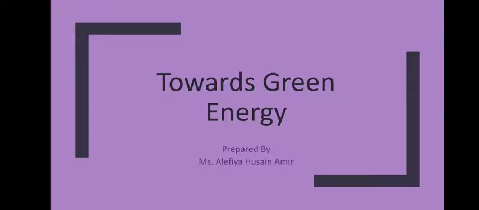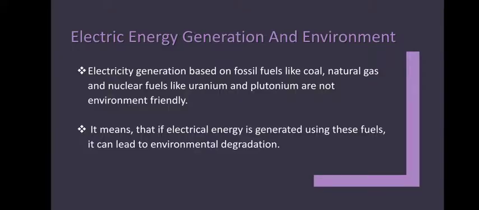In today's video, we are going to continue a topic from towards green energy, that is electric energy generation and environment. Now we have already learned how electricity is generated, right? So this electricity generation, which is based on fossil fuels like coal, natural gas, and nuclear fuels like uranium, plutonium, they are not eco-friendly, correct?